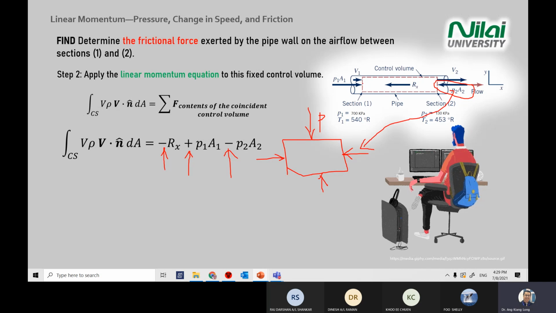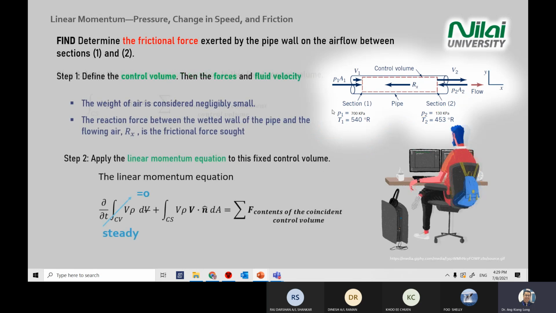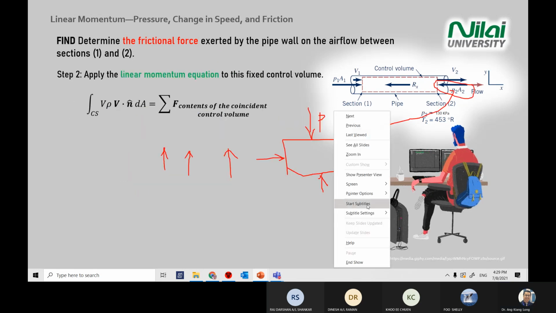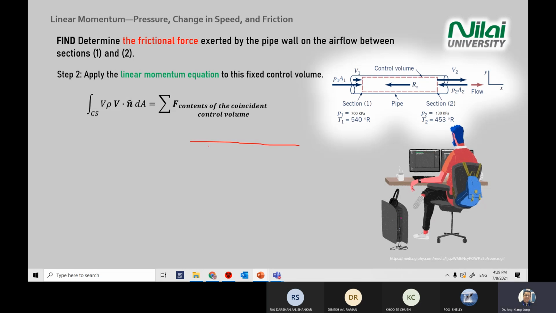What is going to happen in your test or exam? You're not going to see the pressure arrow. I will just label this one as your input, or 1, and this one as 2.